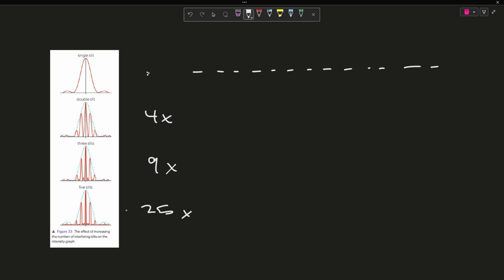So even if there's 5 slits, then the 5 slits just occupy a bigger space than when there's not as many slits, because if they have the same separation and there's more of them, then they will be longer. And when there are lots of slits, it's called a diffraction grating, like shining light through a grating.